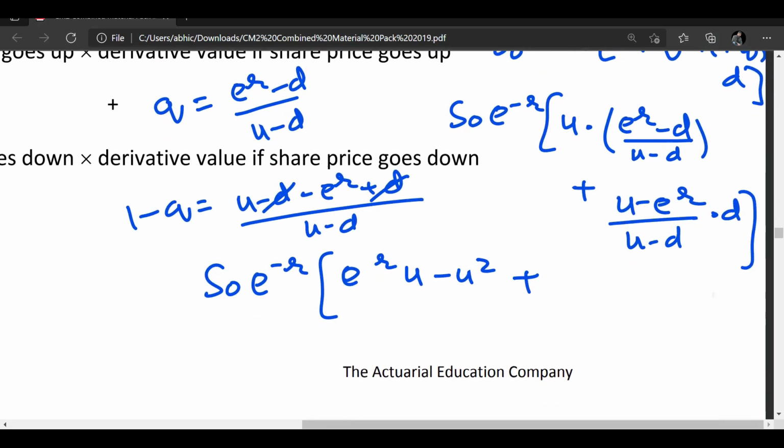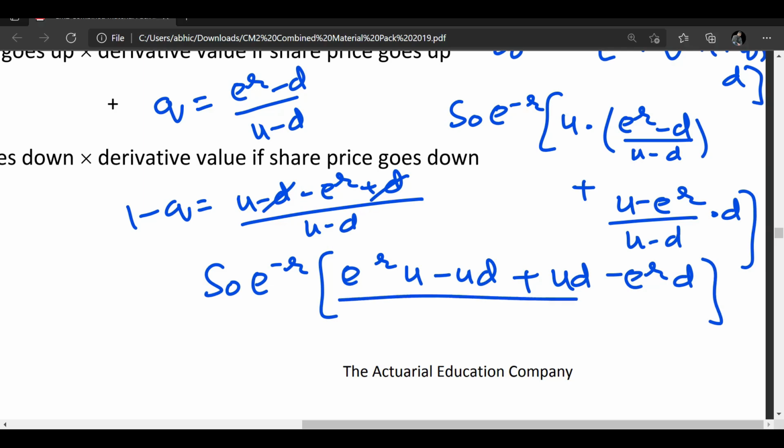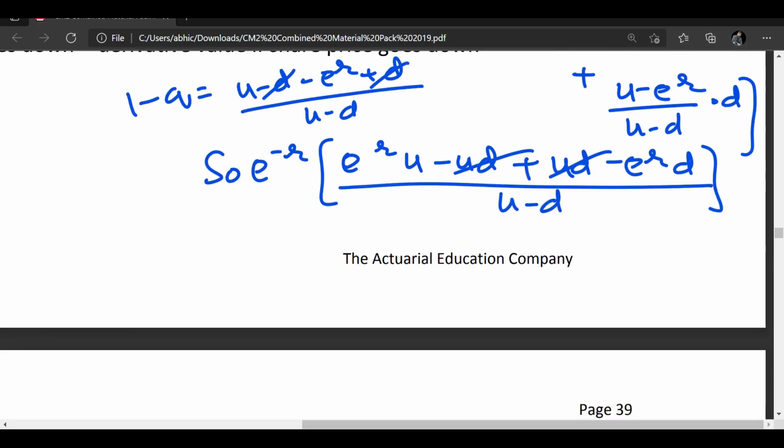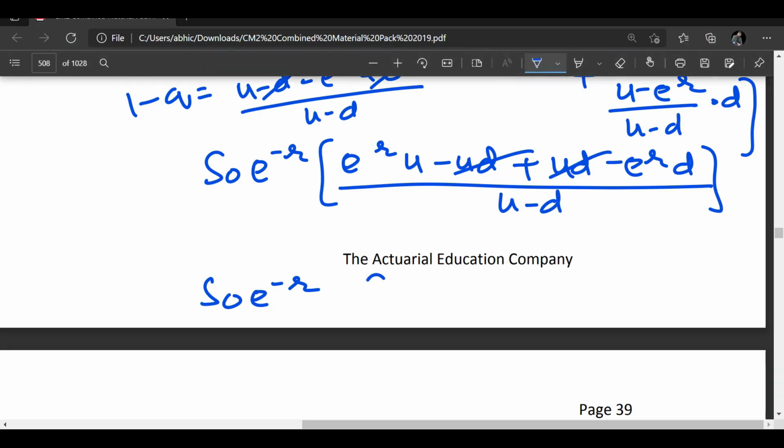Now, once I simplify this, this becomes e to the power of r u minus u d plus u d minus e to the power of r d divided by u minus d, right? So this term cancels out with this term, and you have S naught e to the power of minus r and inside you have e to the power of r times u minus d by u minus d.